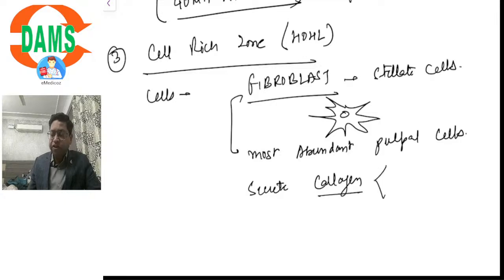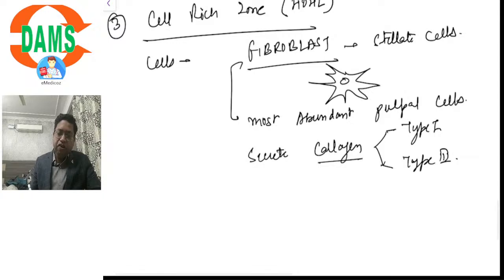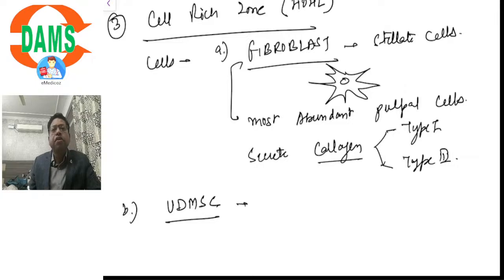What type of collagen is produced by fibroblasts? It is type 1 and type 3 collagen. Then other cellular components of the pulp which are present in the cell-rich zone are undifferentiated mesenchymal stem cells.